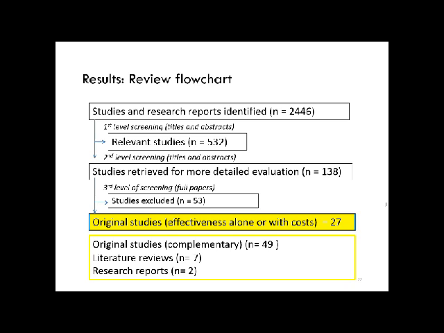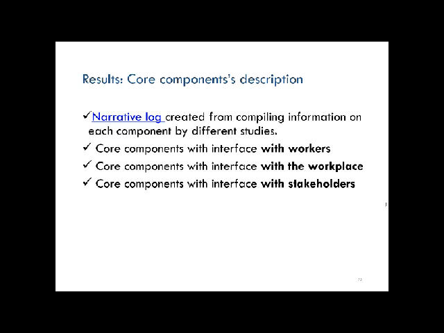Highly relevant scientific reviews and reports were also analyzed in terms of the support they provide to the essential components. In order to enhance our understanding of the intervention components and their potential benefits or their links to different systems, a narrative log containing the description of each component was conducted.